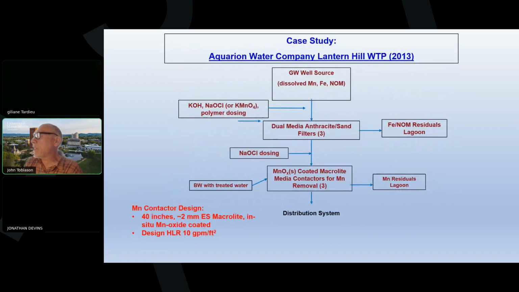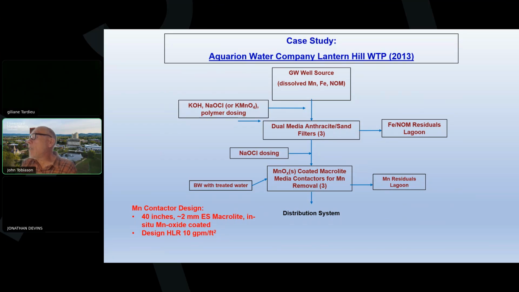So the case study of Lantern Hill is illustrative of the process. We've got a groundwater well source. It's got dissolved iron, dissolved manganese, and natural organic matter. Not a fun mixture. Historically in our business, people would talk about groundwaters and not worry about NOM. It's become less and less true, and levels of NOM in groundwaters in New England have been rising over time in our experience.